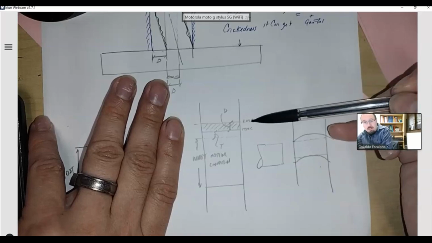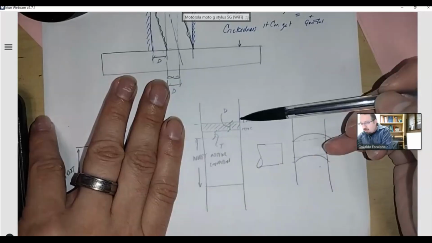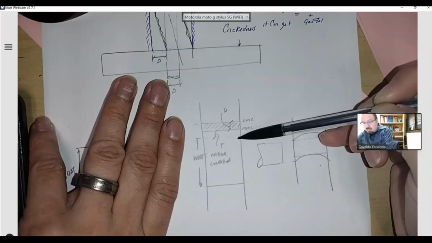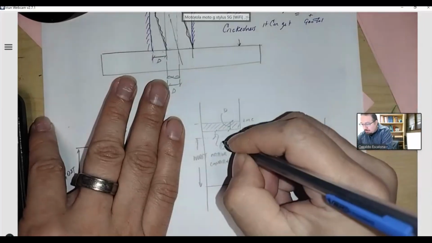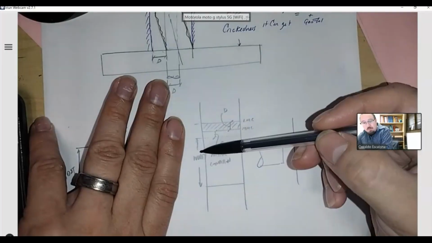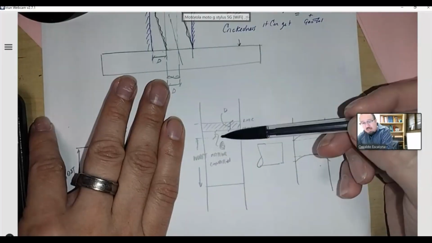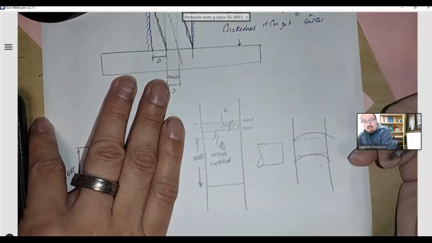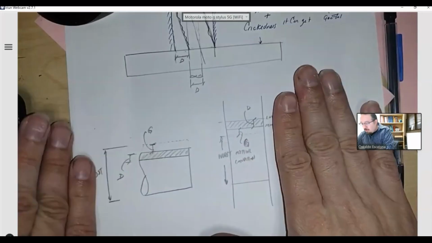Keep in mind, if I make it bigger, which is LMC, my hole will get bigger. So I have to make it smaller to MMC because my hole will get smaller. And let's actually also take away the geometric tolerance, the G. And even like that, that will be my worst mating condition. When I account for the D and I account for the G, now the worst case condition is this one. And I use that worst mating condition so I can match it with the worst mating condition.